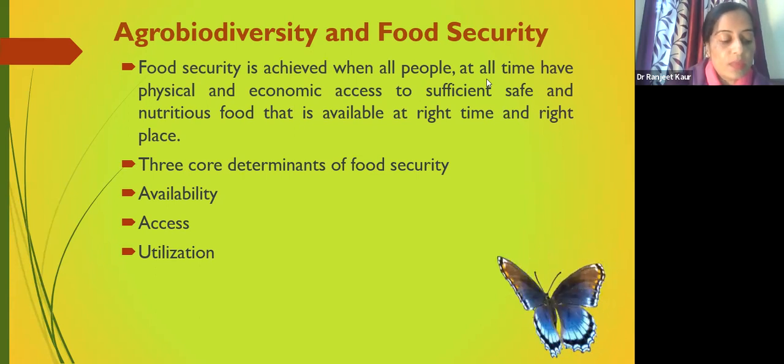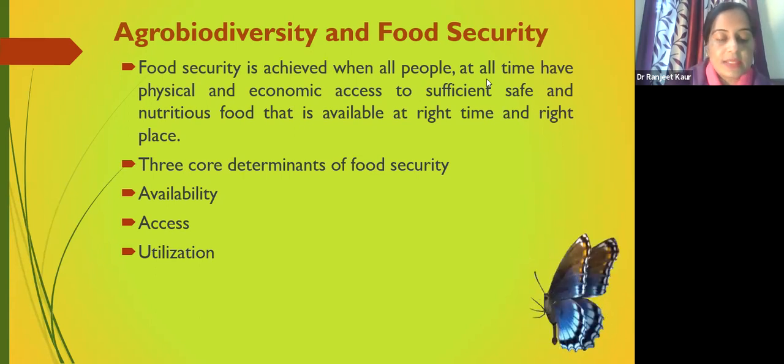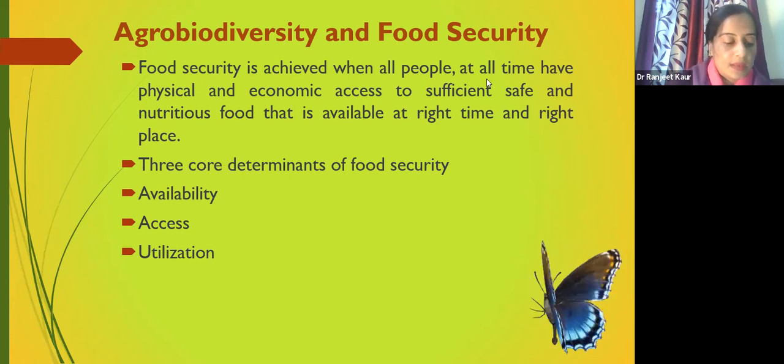Humans use at least 40,000 species of plants and animals. But we majorly depend on three major crops, that is wheat, rice, and maize, which contribute about two-thirds of total food production. But there is enormous potential for increasing the range of food products suitable for human consumption.